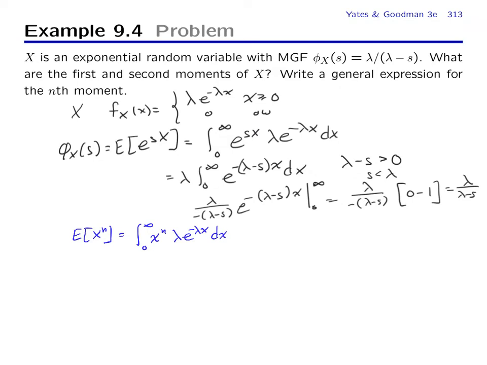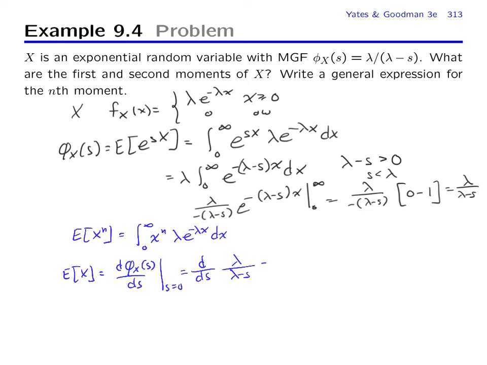Here we'll use the moment generating function, and so E[X] is the derivative of the moment generating function, evaluated at s equals 0. So it's d/ds of lambda over lambda minus s.